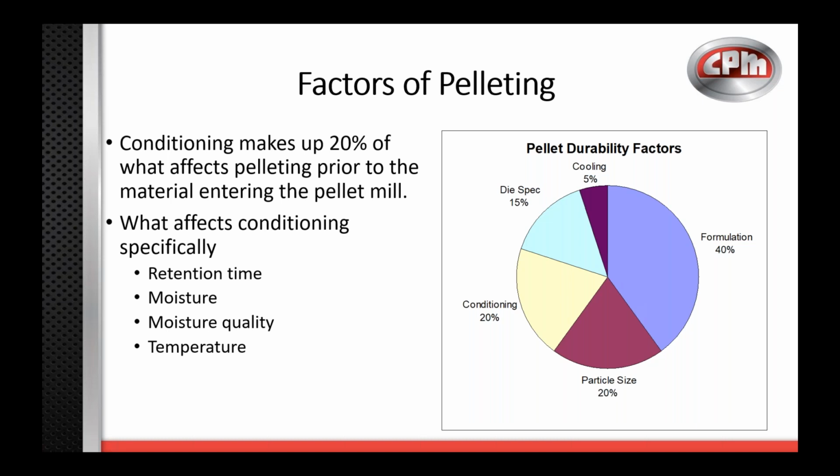But we usually do say that for conditioning purposes, we want 100% saturated steam. That way it's immediately available to the product to be able to mix. And then following that is temperature. We need to monitor our temperature. That way we know we're getting the proper conditioning environments.